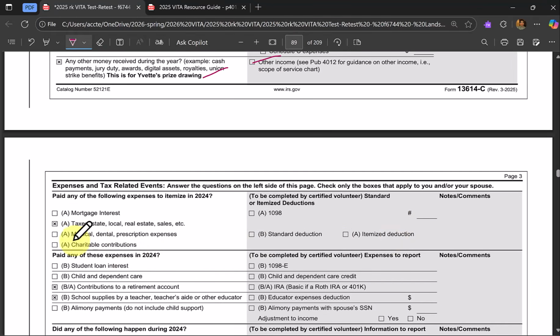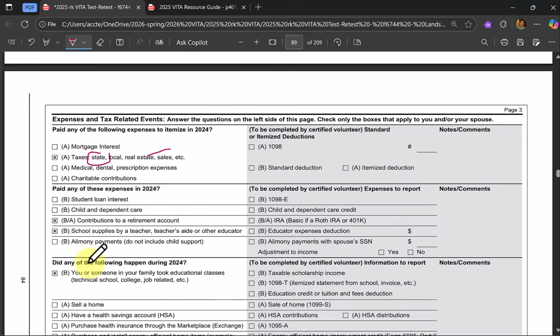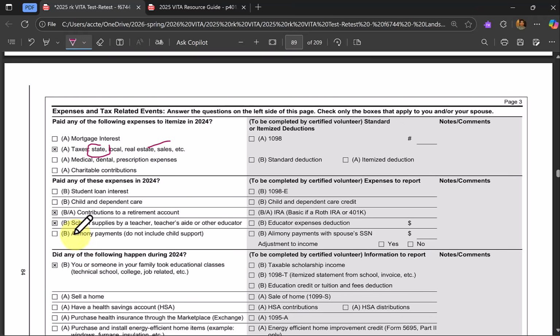Okay, these are deductions here. Okay, and let's see. Probably it's the state income taxes withheld from Martin's pay they're referring to here. Although I would ask them if they own their home and pay real estate taxes. Okay, contributions. This is the $1,000 on Martin's W-2 form. Okay, so I'll check that off.